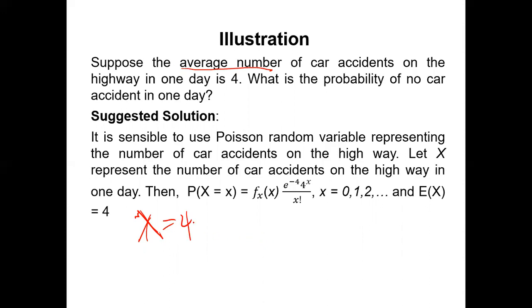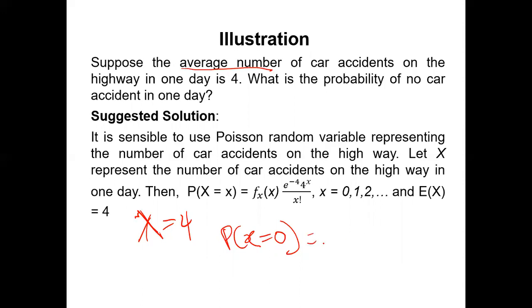Here we are looking at the number of successes being 0, because we're looking at no car accident. If you have one car accident, the number of successes would have been 1, and x would be equal to 1.